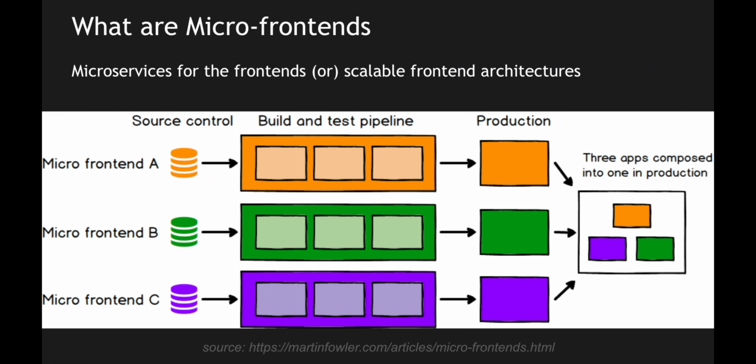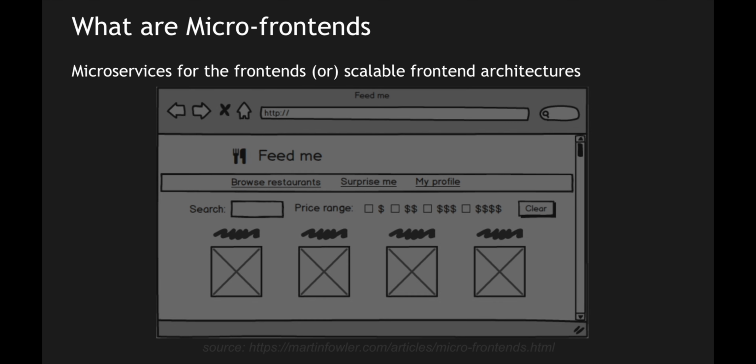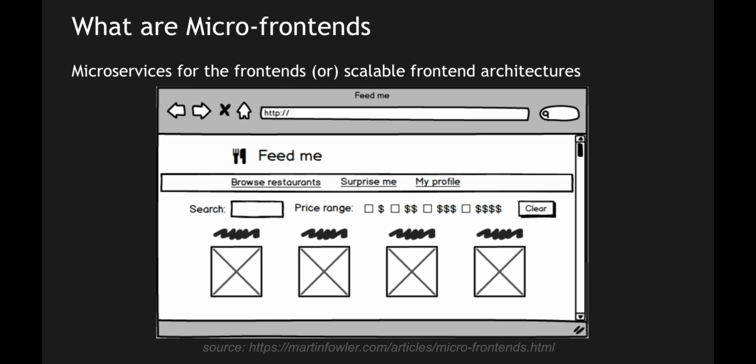So let's take a look at this with a classic website. Imagine this is the website which we want to look at. This is similar to how you have swiggy.com or maybe Uber Eats or whichever food delivery app which you use. So you have different ways in which you can browse restaurants, and you have your profile, you have search options, you have prices, and you have some images of food which are showing up here.